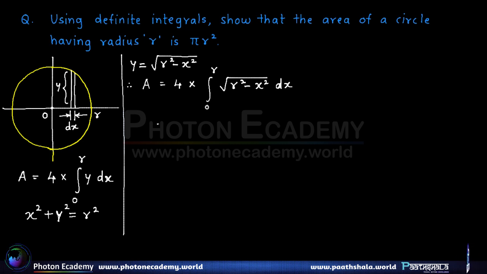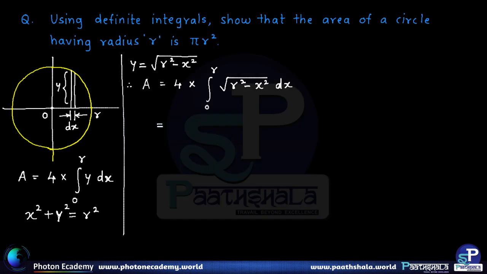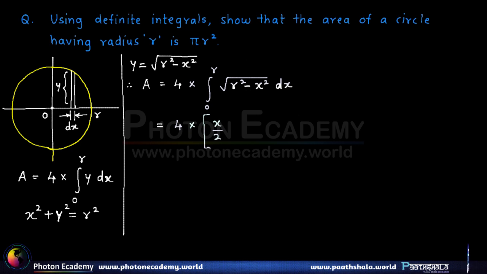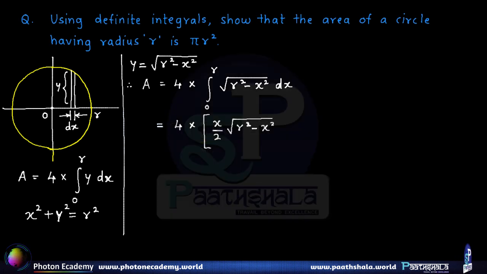Now if you observe, the given integral is of the form root of constant square minus variable square. So we know that this is a standard result in integration as we have seen earlier, and its integral is given by this particular formula. We have the first term as x by 2 multiplied by the same square root expression, that is root of r square minus x square. Then plus constant square upon 2, which is nothing but r square upon 2 in our example.